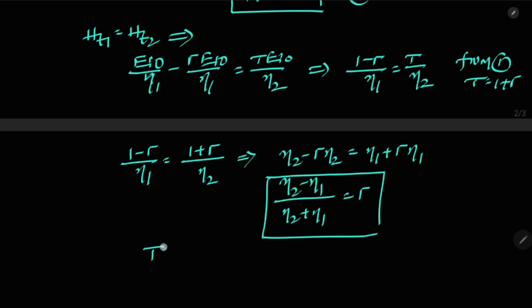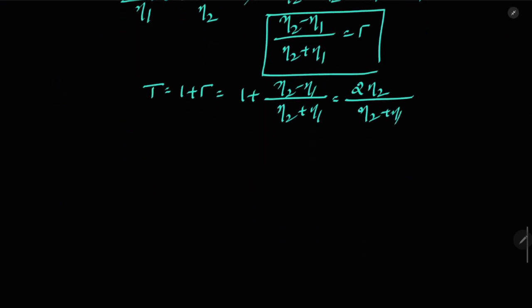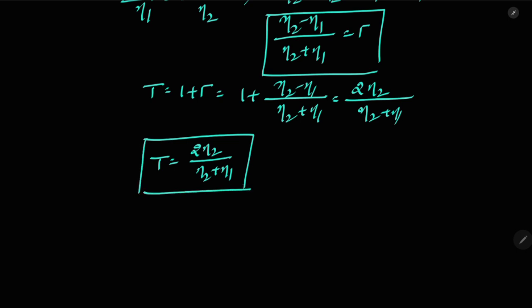But we know that tau is equal to 1 plus gamma, that is equal to 1 plus eta 2 minus eta 1 by eta 2 plus eta 1, that is equal to 2 times eta 2 by eta 2 plus eta 1. So finally, tau is equal to 2 times eta 2 by eta 2 plus eta 1. This is the expression for the transmission coefficient.